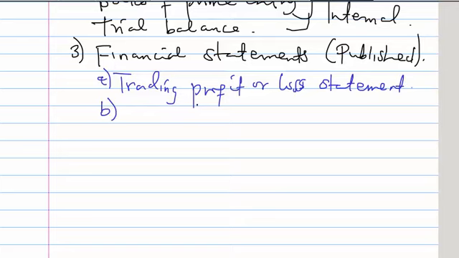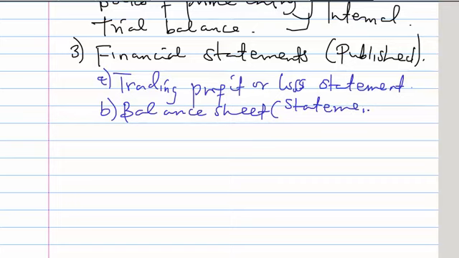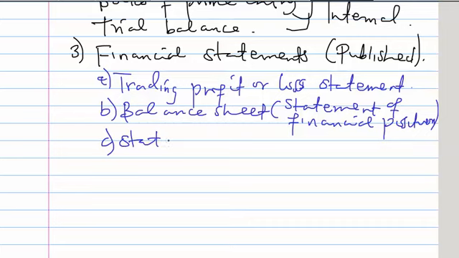There's what's known as a balance sheet, also called a statement of financial position. And then there's what's called a statement of changes in equity.